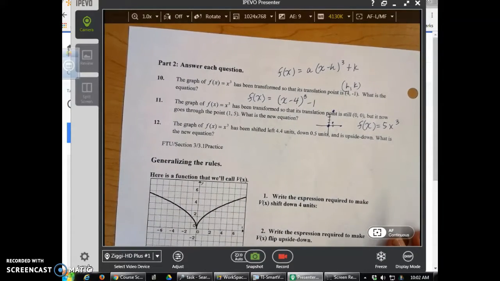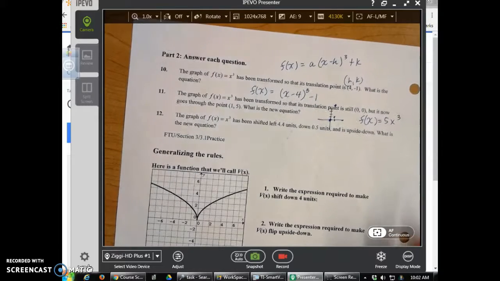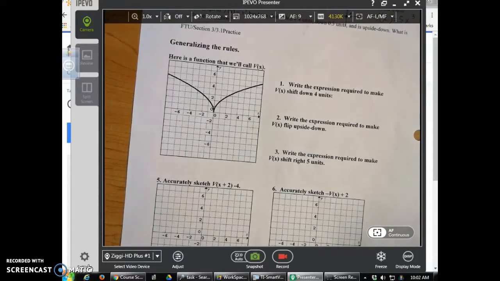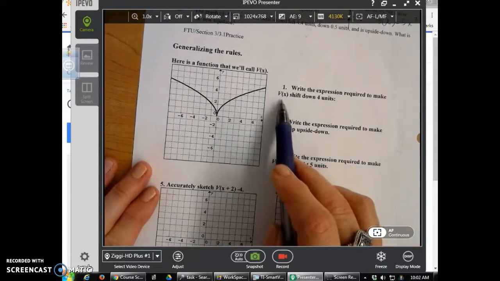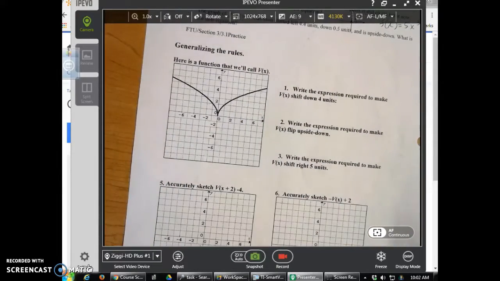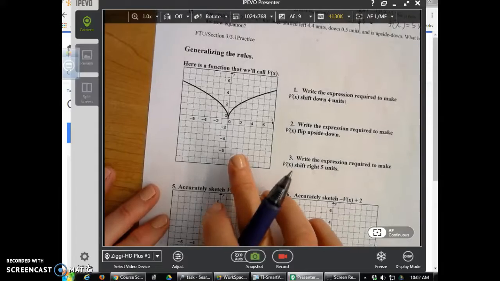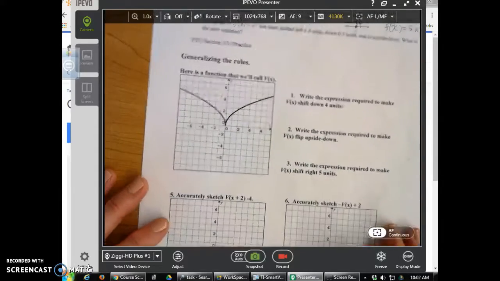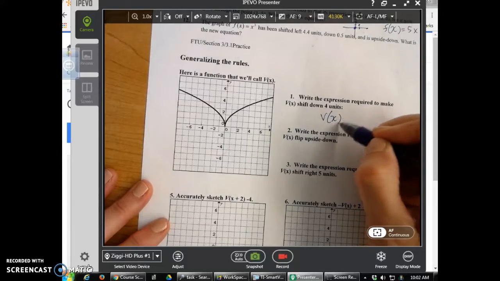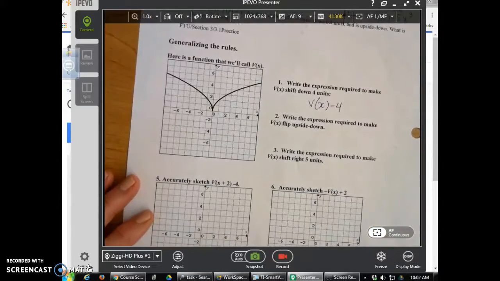Okay, so I'm going to let you finish the rest of this on your own, just like we did in class, except for down here, generalizing the rules. Anytime you have a function, even if it's one that's not an actual function that we have an equation that we're learning, it's just a sketch, and you did this back in 9th grade. V of x is shifted down by 4, you would just say v of x minus 4.